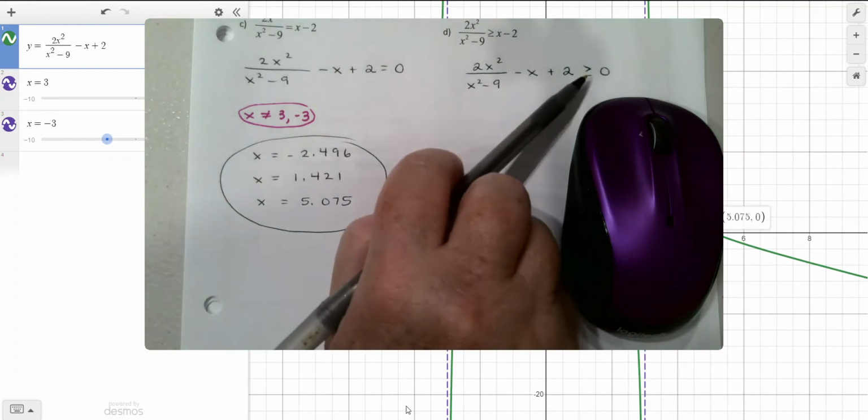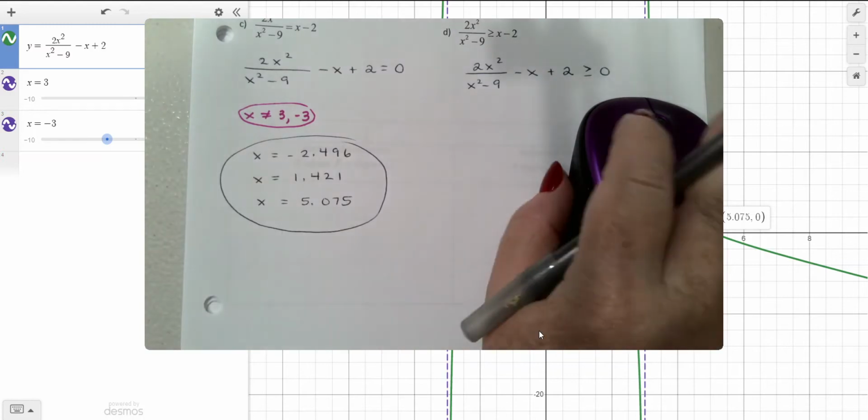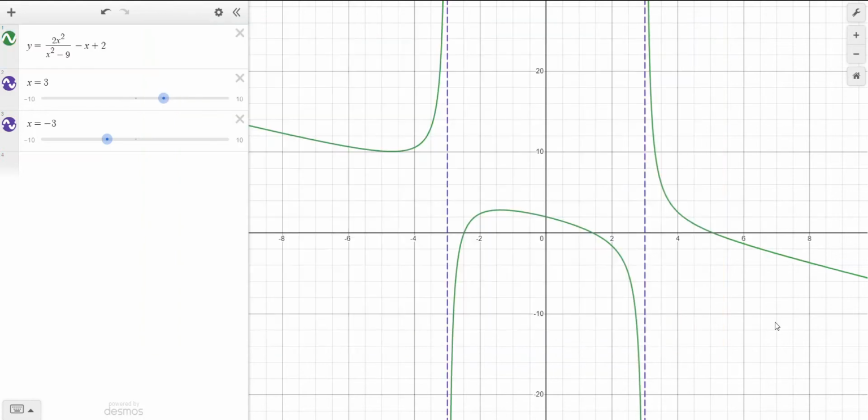All right, the inequality this time was greater than or equal to 0. So let's think about that one. Certainly this whole first section is above 0. And that section would go from negative infinity to negative 3 with a parenthesis, since it's an asymptote. So my first interval goes from negative infinity to negative 3.